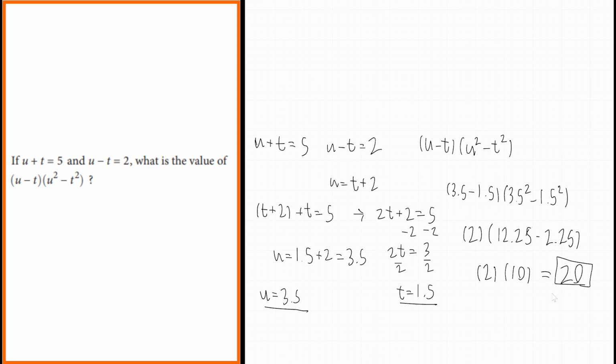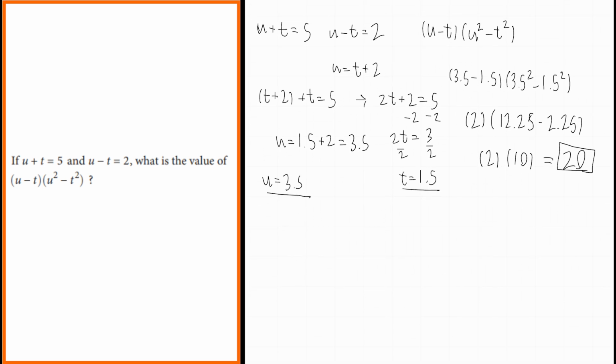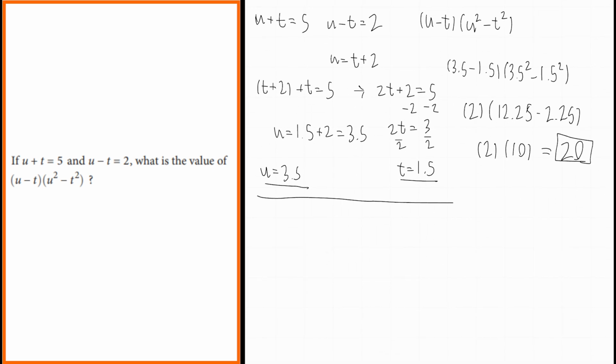So now we're going to look at the shortcut method. The way to solve this quickly is to recognize this difference of squares. Whenever we have u squared minus t squared, some difference of squares, that is always going to be equal to the difference of those terms multiplied by the sum of those terms.